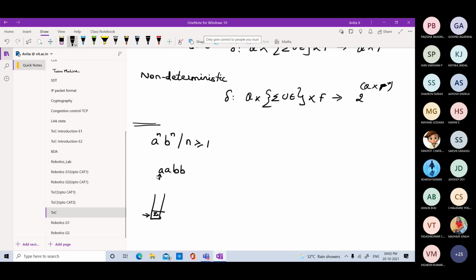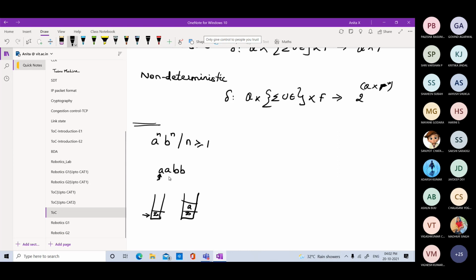This is the input pointer, in order to scan the input, and the stack pointer is this one. So here you can see the stack pointer is at Z naught, and my input symbol is A. So what I will do is push A inside the stack. So A is pushed inside the stack.